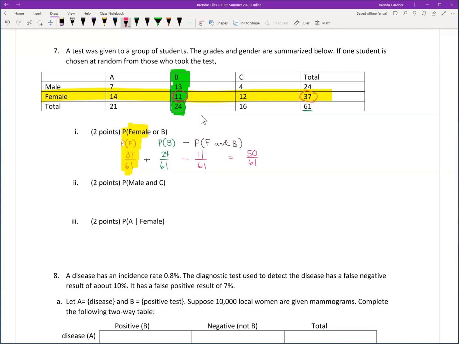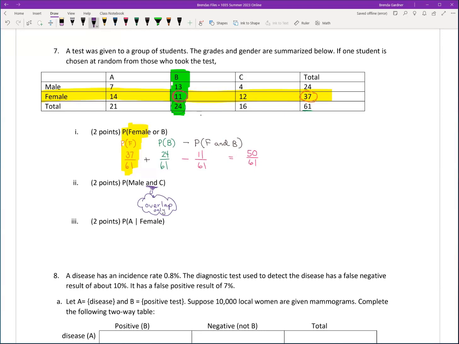For a question like this, I would accept either a fraction or a decimal unless I've told you otherwise, although I like fractions. All right, what's the probability of male and C? If I'm asking for an and, this is where I only consider the overlap.